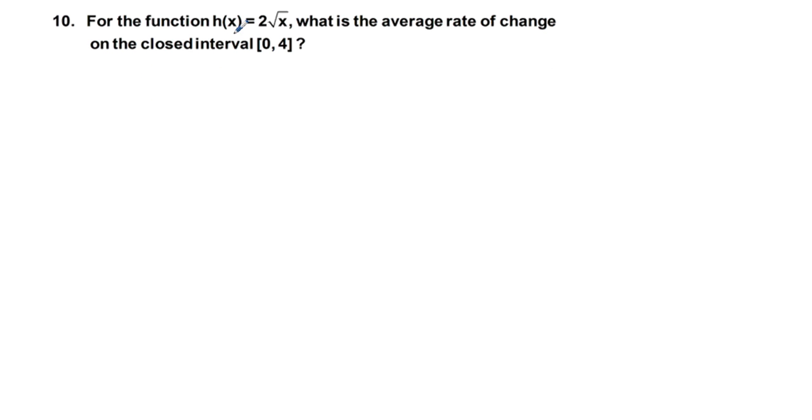Problem 10: for the function h of x equals 2 square root of x, what is the average rate of change over the closed interval 0 to 4? Well, average rate of change equals f of b minus f of a over b minus a.